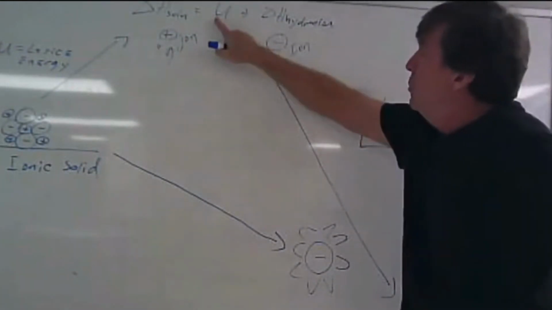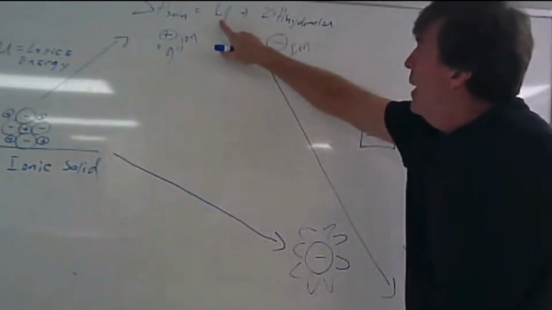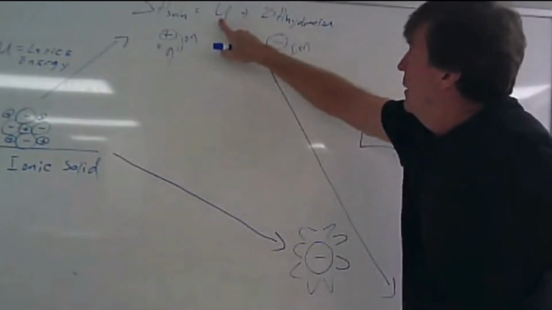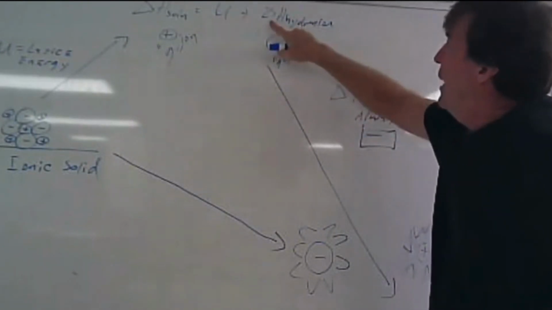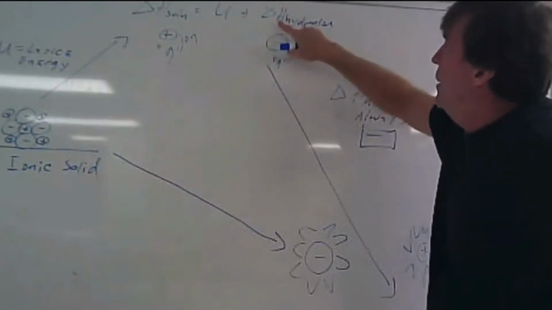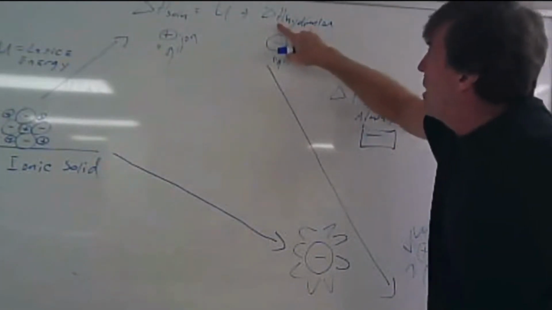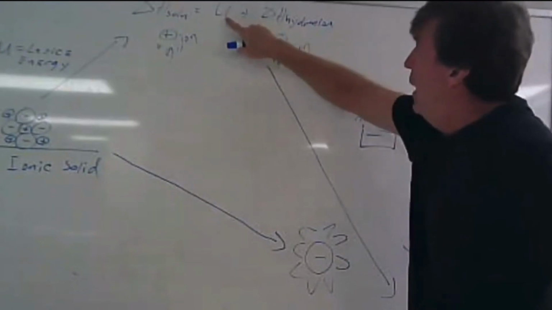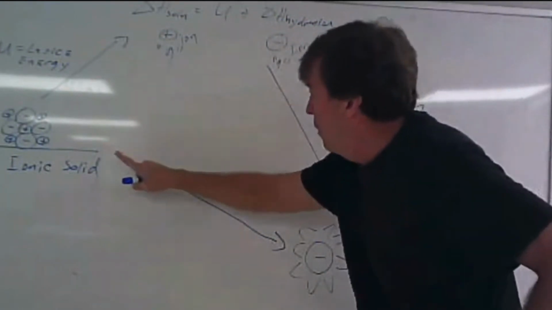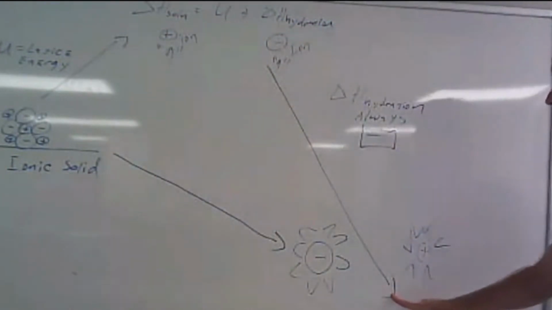It looks to me like U and the delta H of hydration, it looks like this. This is more negative than this is positive. So the overall change is going to be a negative enthalpy change.